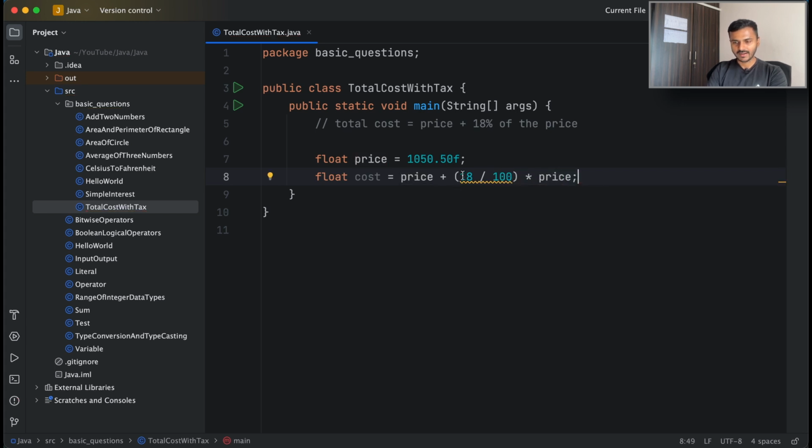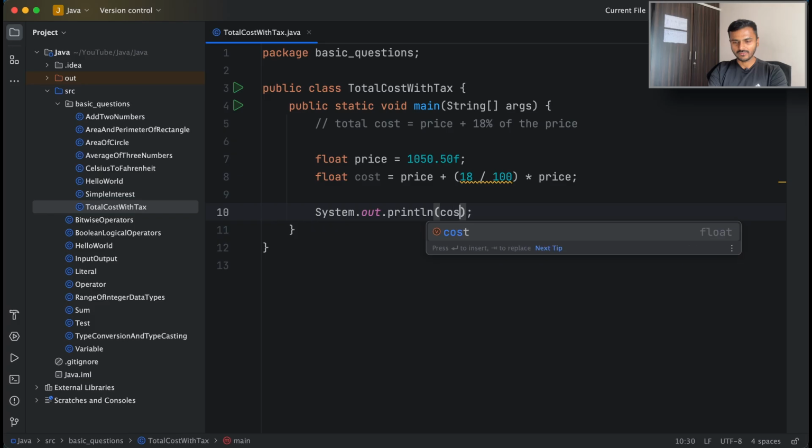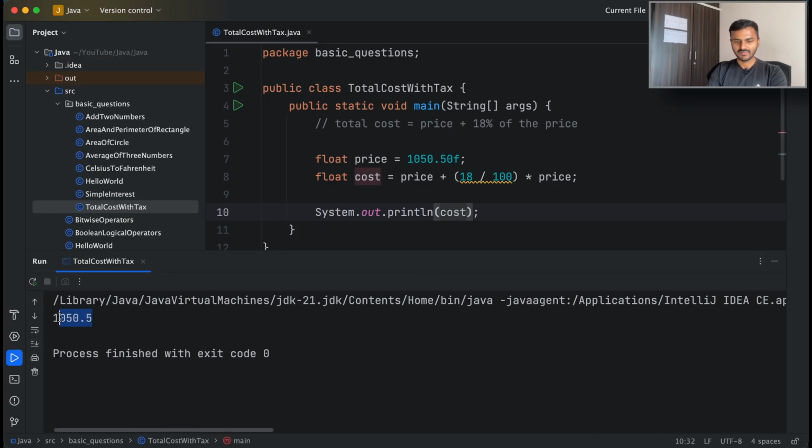And here, of course, we'll have to make either of these a float. Otherwise, this will be integer and this will also be integer, and then the division of integer by integer will give you integer, which in this case is going to be 0. So if I just leave it at that and I print the value of cost, what am I going to get? Well, we're going to get 1050.5, because price was 1050.5 and this resulted in 0.